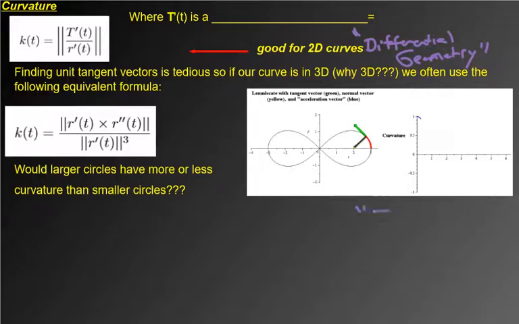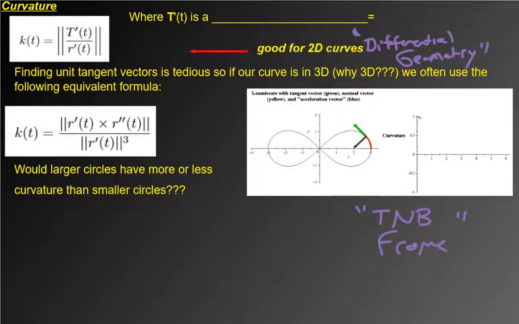There's also something called the TNB frame, which is actually in your book, and this has to do with curvature and differential geometry, but it's a whole other area of math that would take forever to talk about. But a lot of engineers use this, a lot of physicists use this. If you're ever creating something in 3D, I would imagine even graphics design uses this kind of stuff. But I just want to show you how these formulas work. That's the plan.